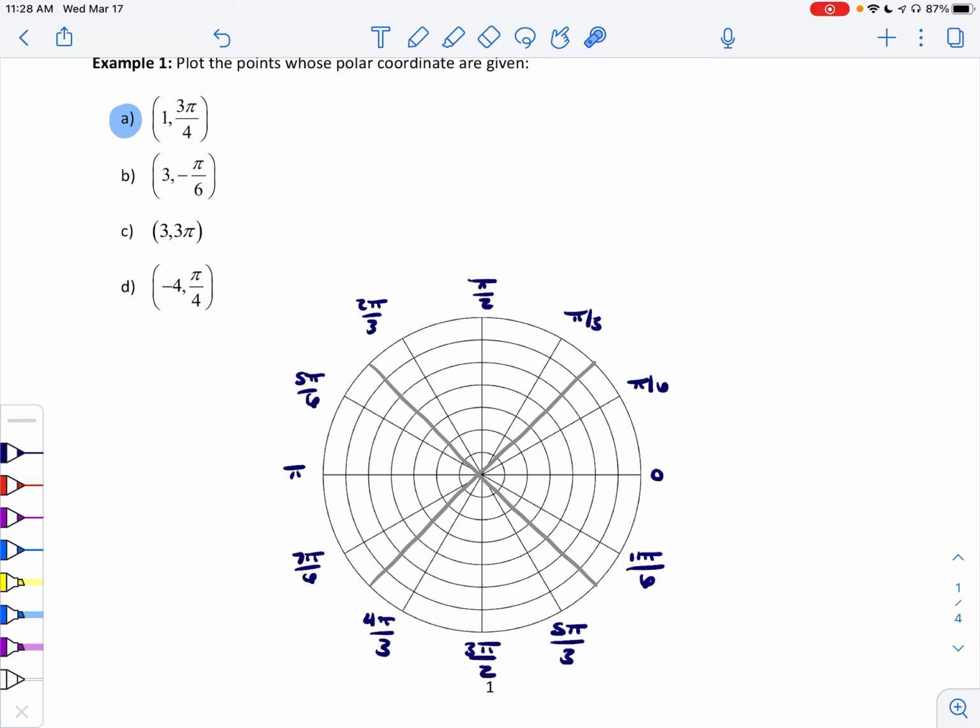So that's our 45-degree angle in quadrant 2. So if we're looking at our 3 pi over 4 line right here, let me just make that a little bit less thick. It's easier to plot on.